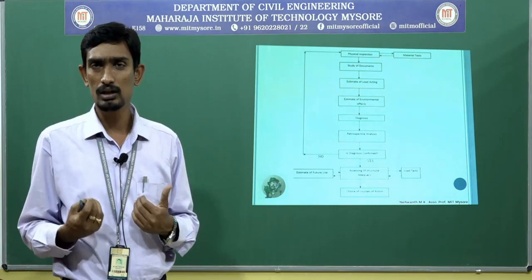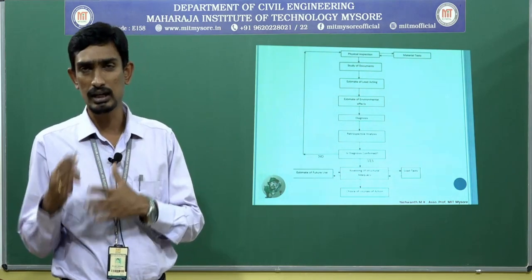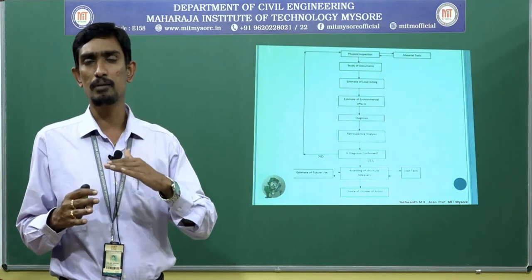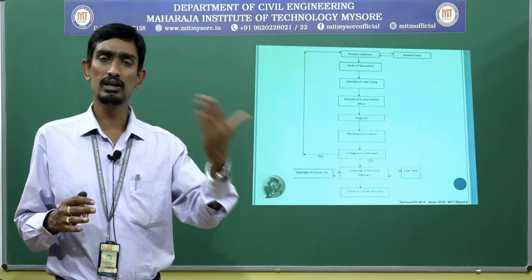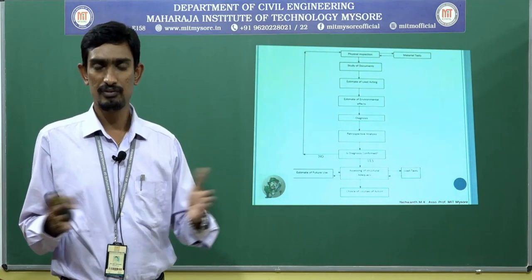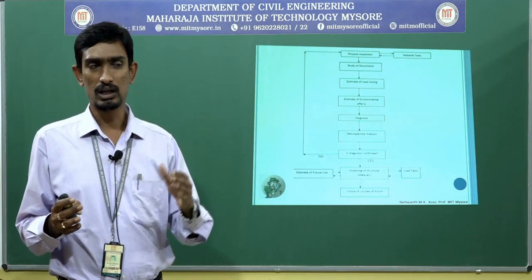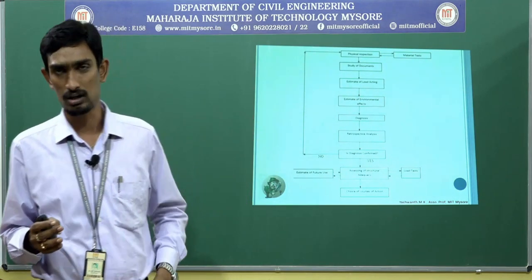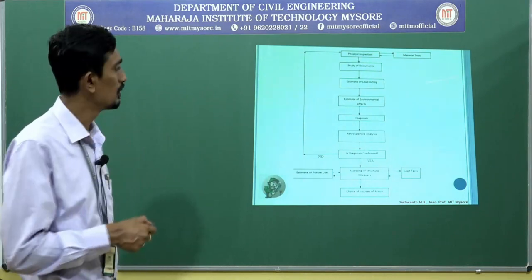We are going to remodel the analysis, conduct the reanalysis, and redesign the entire building, and compare our design results with the client's results, whether it is correlating. That means whether the diameter of the bar and number of bars match or not. That is what you are going to do.